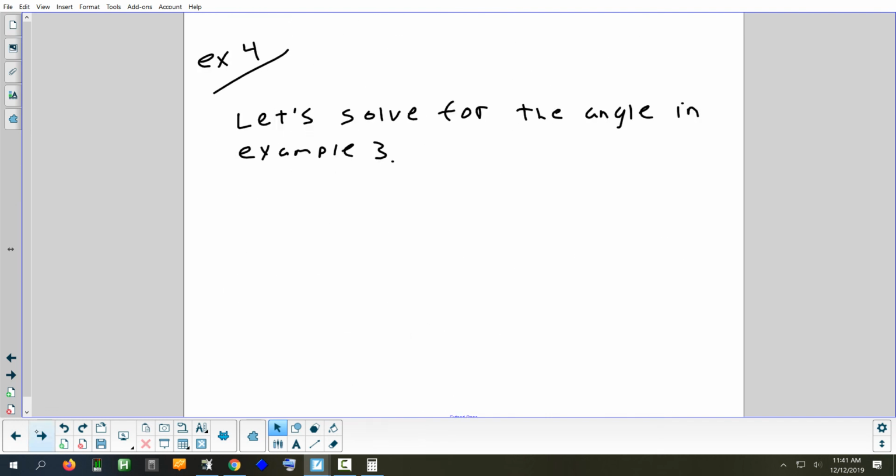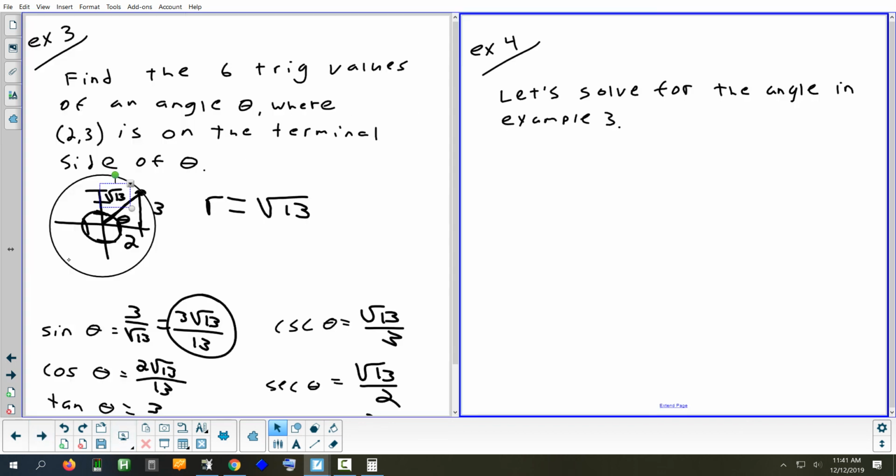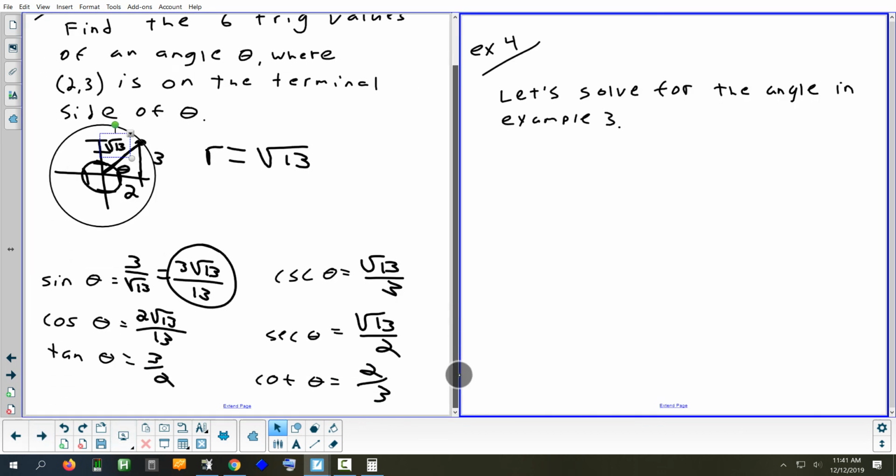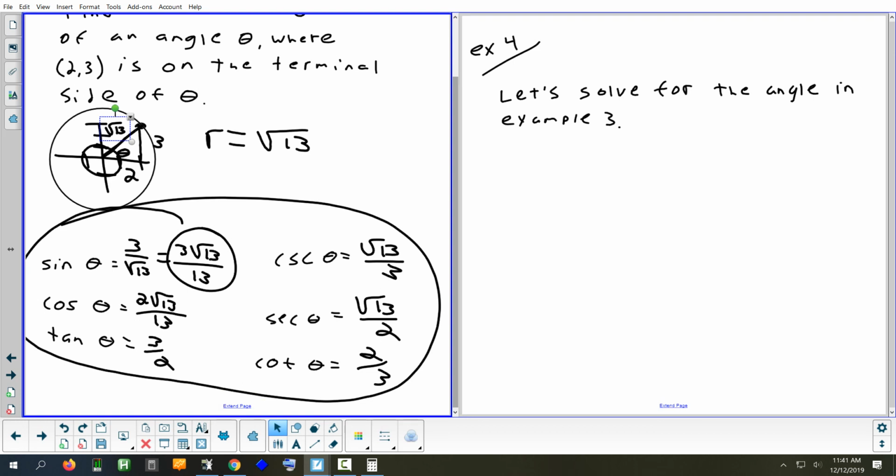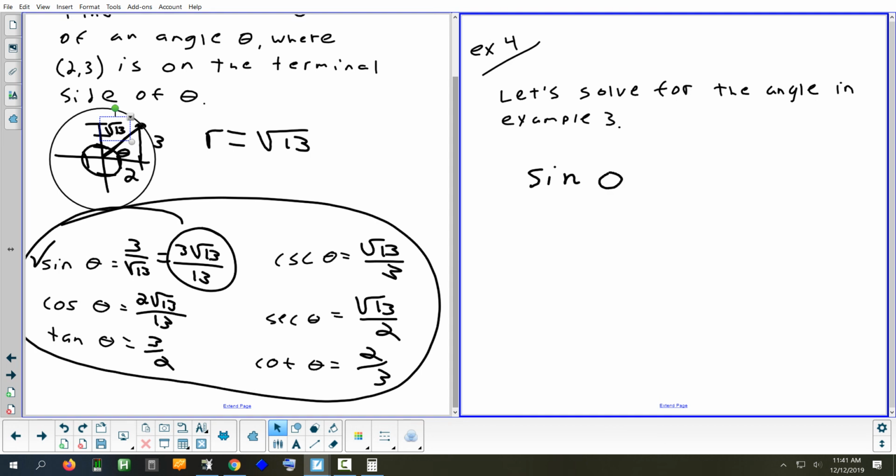All right. So now, let's figure out how big that angle is. Any one of these 6 things right here is enough information for me to figure out the size of that angle. Let's use this one. Sine theta equals 3 over the square root of 13.